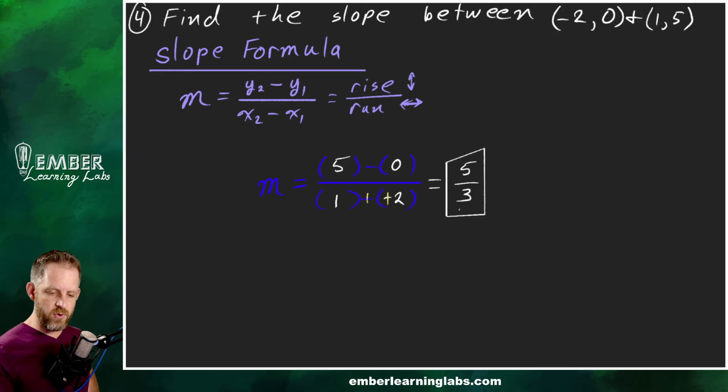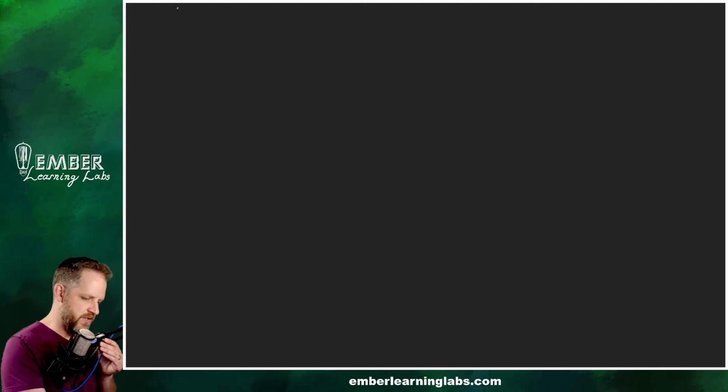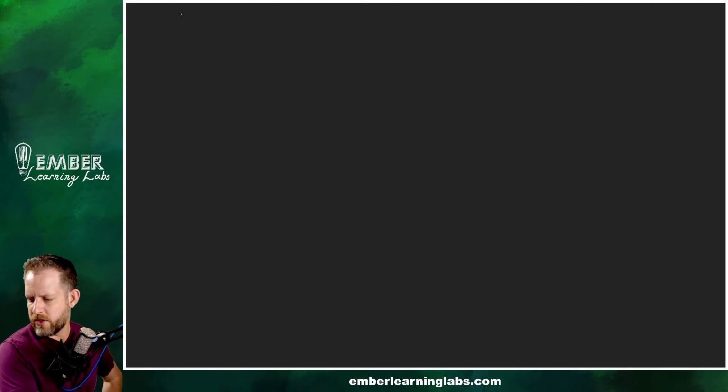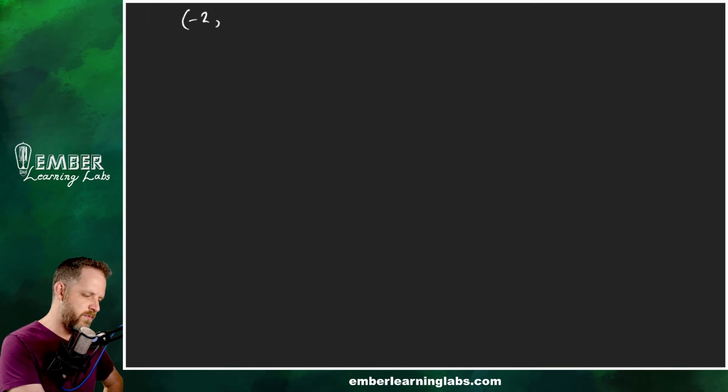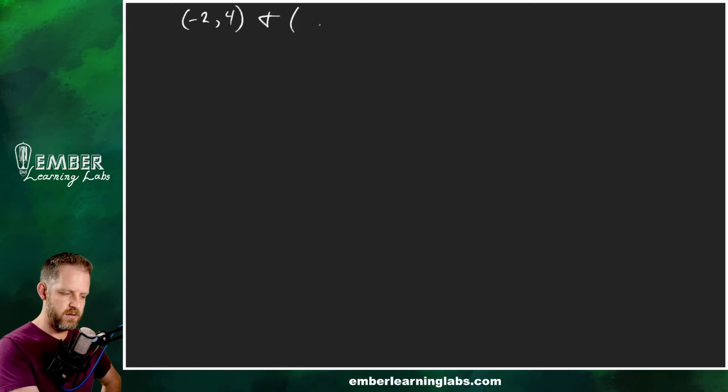Let's do one more quick example like this. We won't even write out all the stuff. We'll just write the 2 points we're finding the slope between to illustrate something interesting. The 2 points we're going to find the slope between are -2, 4, and -2, -3.